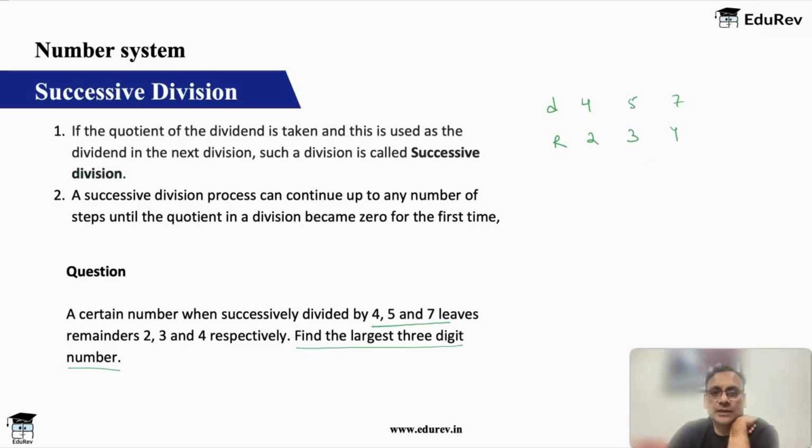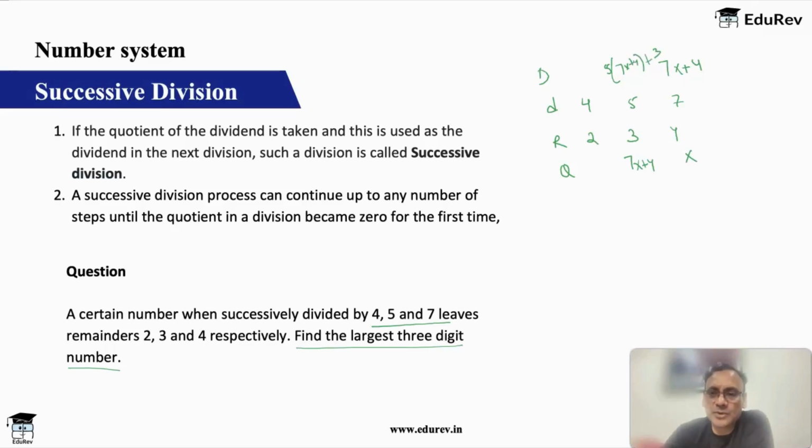In that case, my dividend from the last division will be 7x plus 4. I'm writing the quotient here, so I'm assuming the quotient to be x. My dividend from the last division is 7x plus 4, which for the second last division should have been the quotient. If the quotient is 7x plus 4, then the dividend for the second last case will be how much? You have divisor 5 multiplied by quotient 7x plus 4 plus remainder, which is 3.